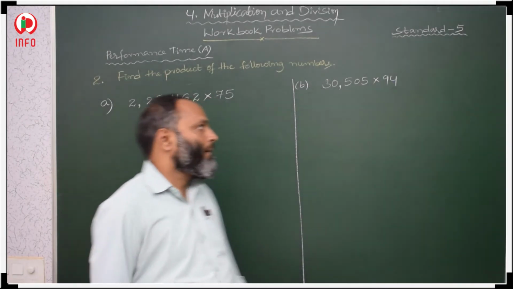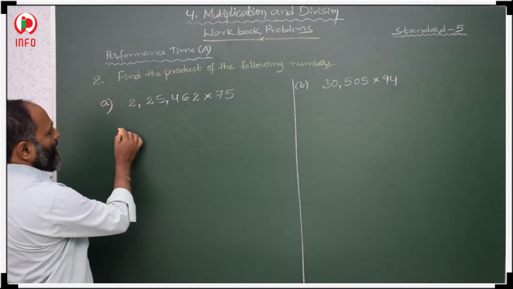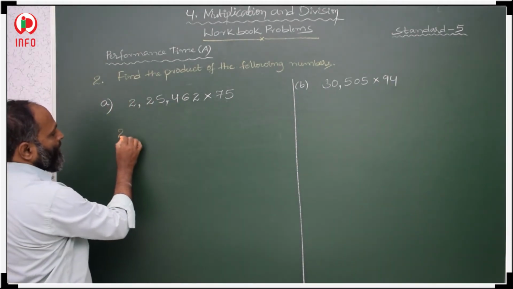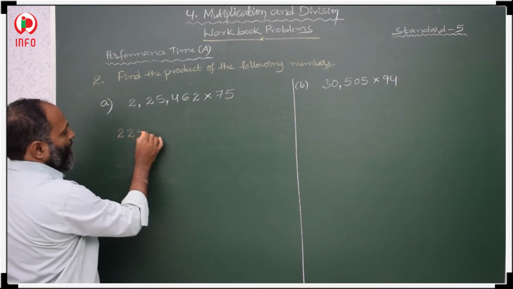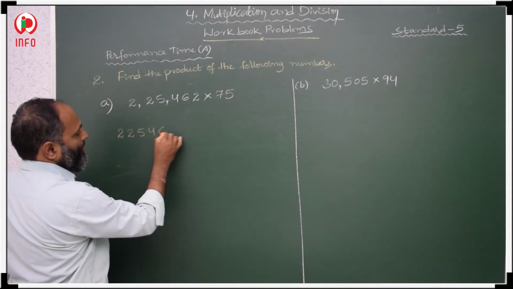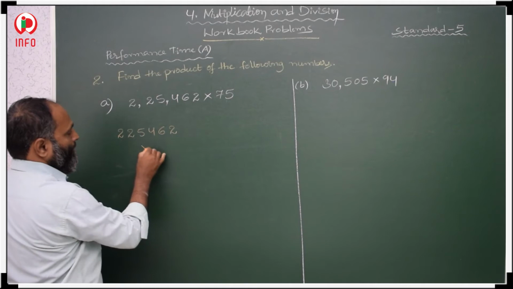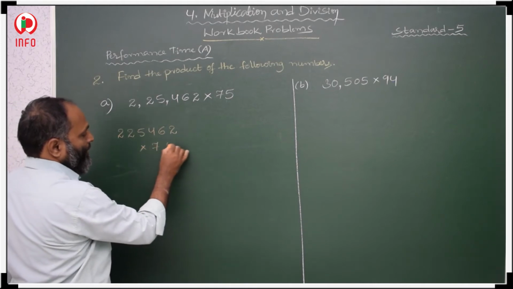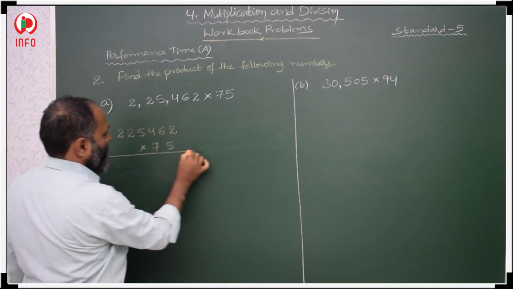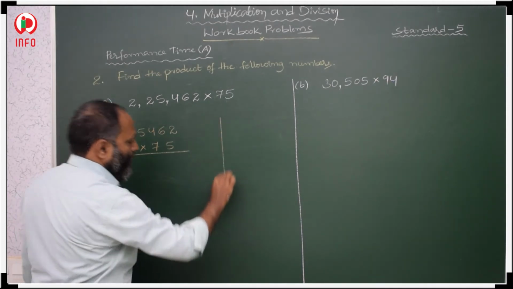Now here first we have to take the large number 2,25,462 multiplied by 75. Make a rough column first.